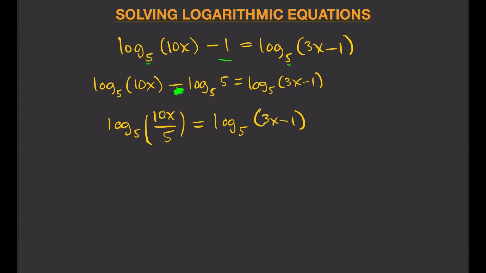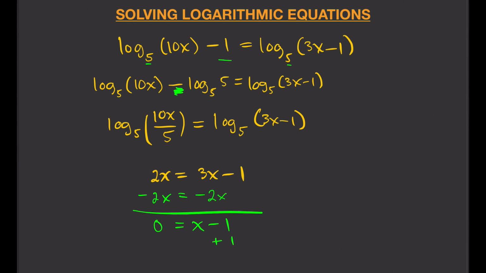Then I can pull out my arguments. 10x divided by 5 gives me 2x equals 3x minus 1. And then I'm going to subtract 2x both sides. So that's going to give me 0 equals 3x minus 2x, which is x, minus 1. And then adding 1 both sides, that will give me 1 equals x, or you could say x equals 1.